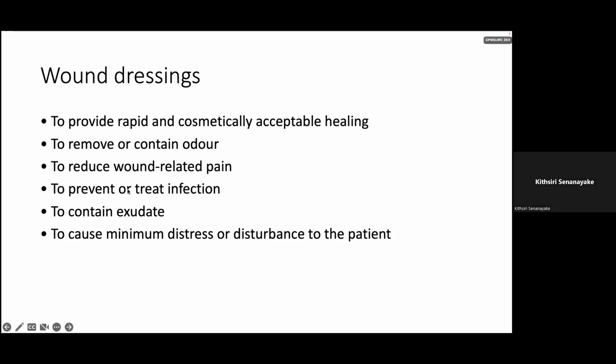More importantly, as we discussed throughout, moisture balance is the most important thing in wound care and wound healing, so containing or controlling moisture is one of the main jobs of a wound dressing. It should also cause minimal distress or disturbance to the patient, and be cosmetically accepted by the patient.